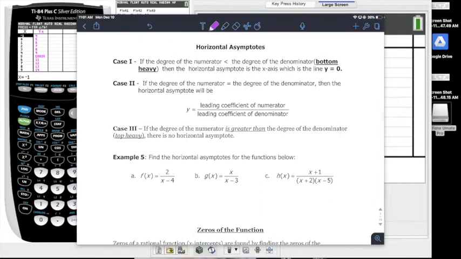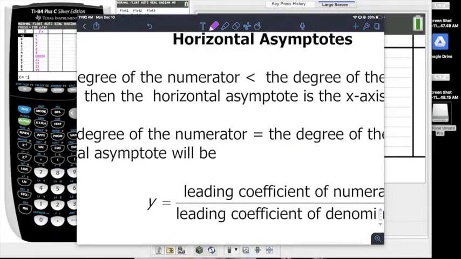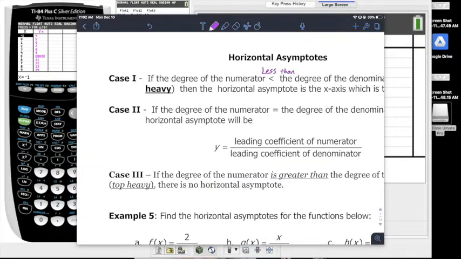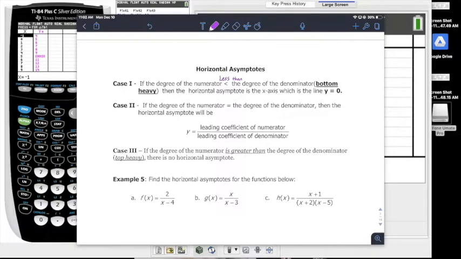Okay, next page, we're going to talk about horizontal asymptotes. To determine the horizontal asymptote, we look at whether the degree of the numerator is less than the degree of the denominator. If you forgot, that's less than. If the degree of the numerator is less than the degree of the denominator, we call this a bottom heavy case, and then the horizontal asymptote will always be the line y equals 0.